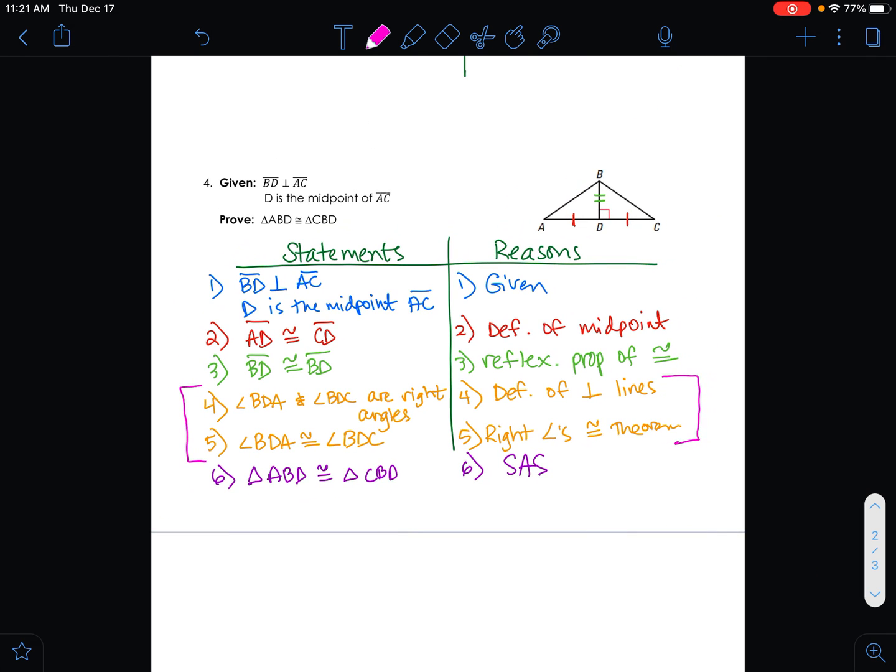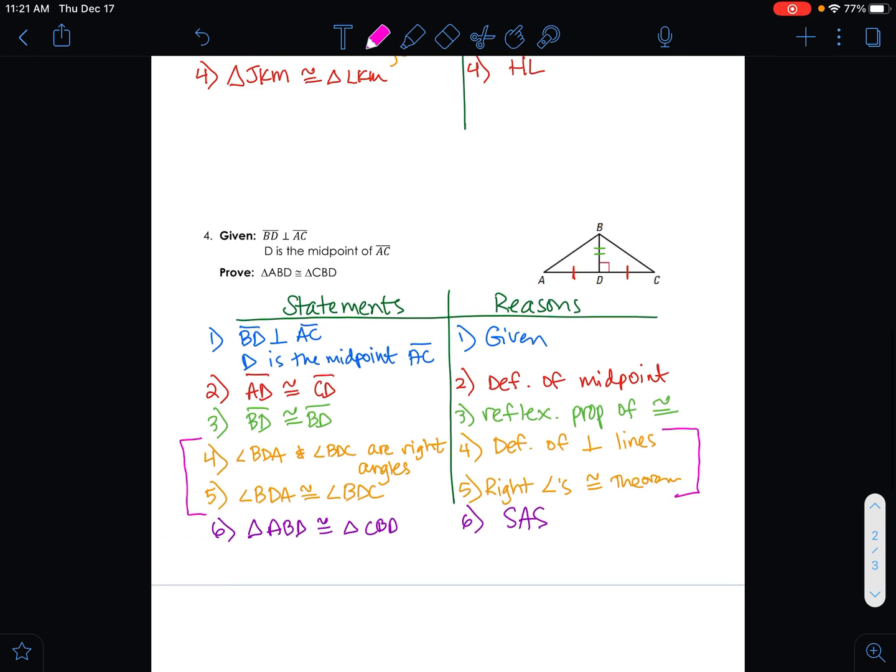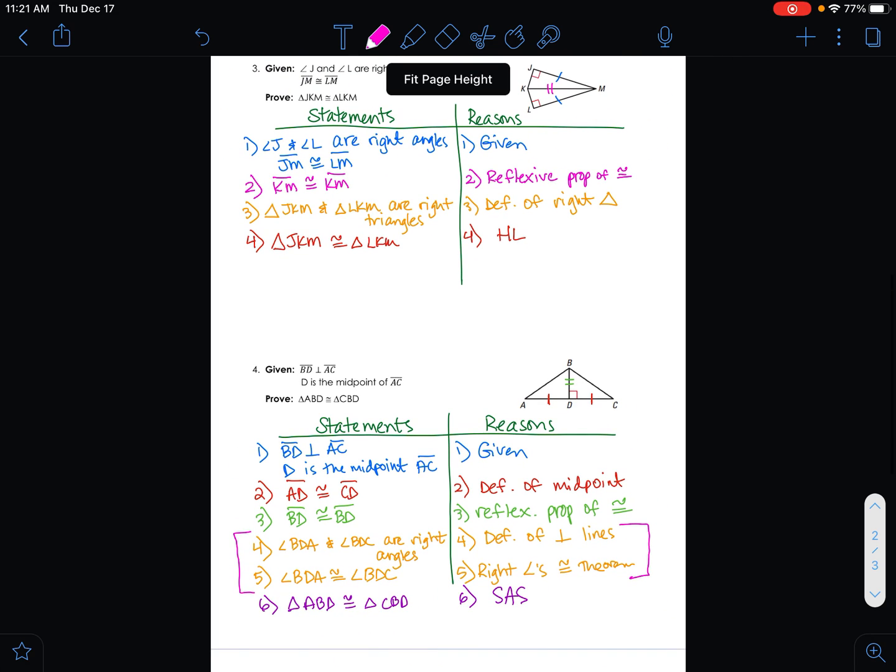So as you work through this now, you need to think about when do I need which piece? And so those are some things I'm really going to encourage you to start focusing on. Like I said, I hope that the proofs are feeling easier. I hope you're getting a little more comfortable with them. And we're just going to continue to try to work as many as we can.